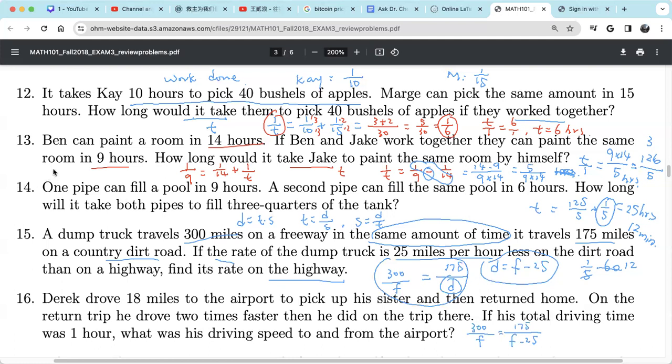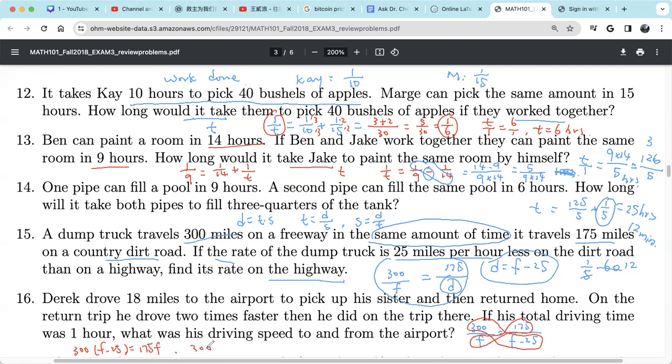Let me change my color. We use cross multiplication. We multiply 300 with F minus 25, and that equals F times 175. So 300 times F minus 25 equals 175 times F. So we distribute 300.